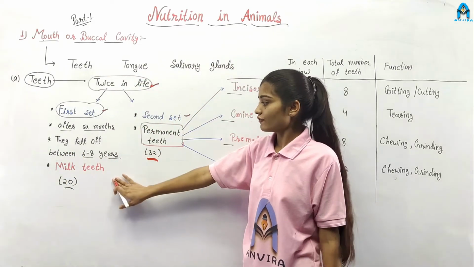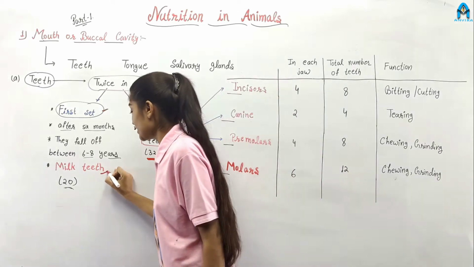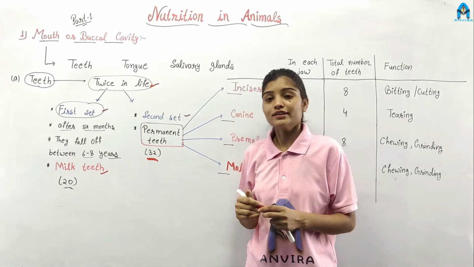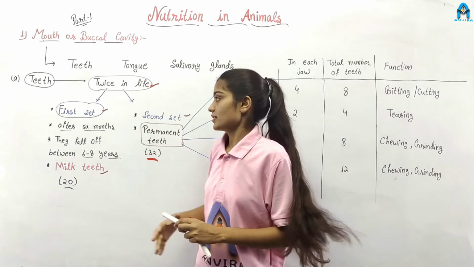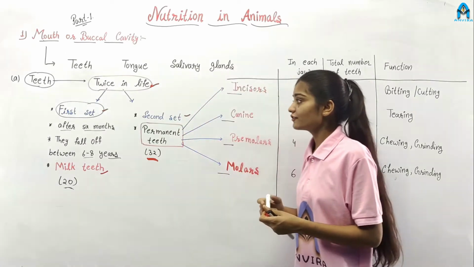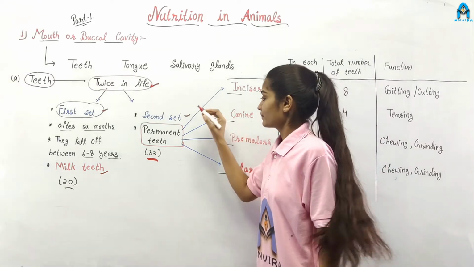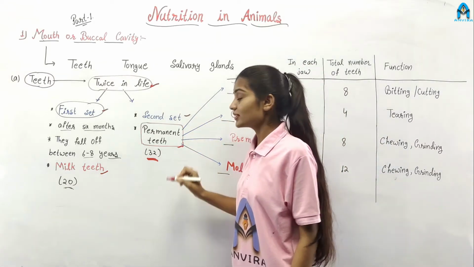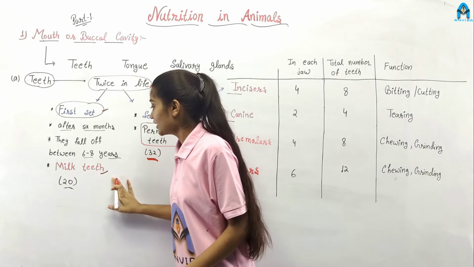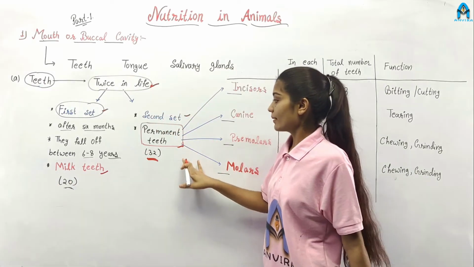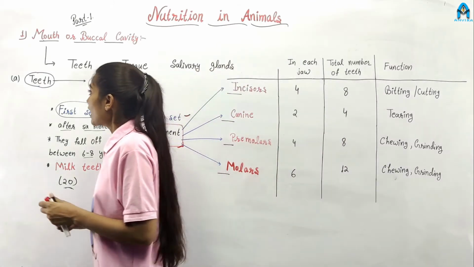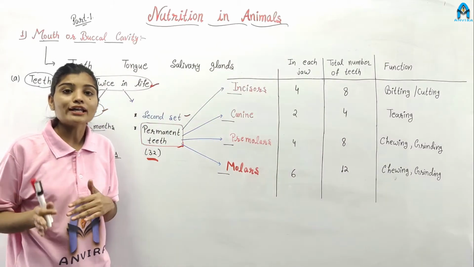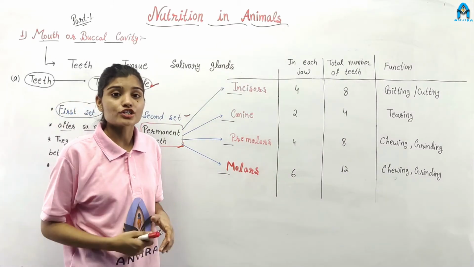The first set of teeth is known as milk teeth or temporary teeth, and the milk teeth are 20 in number. The second set of teeth in humans is known as permanent teeth, which replace the milk teeth, and the number of permanent teeth is 32. Now the teeth vary in their appearance and functions.